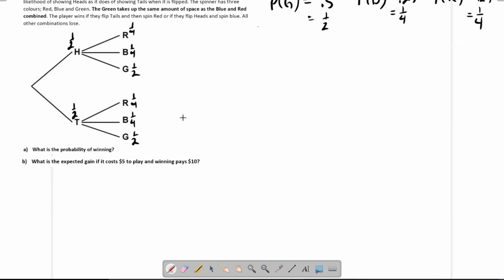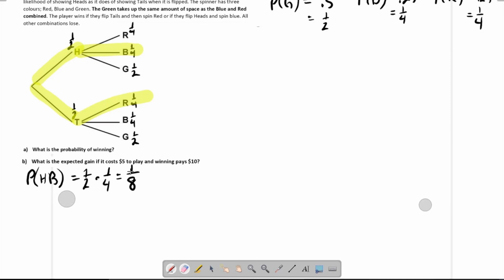Now I'm asked, what is the probability of winning? Well, what are the paths that give me a winning strategy? I can either flip heads and spin blue, or flip tails and spin red and win. So those are your 2 winning strategies. The probability of flipping heads and blue is 1/2 times 1/4, which is 1/8.